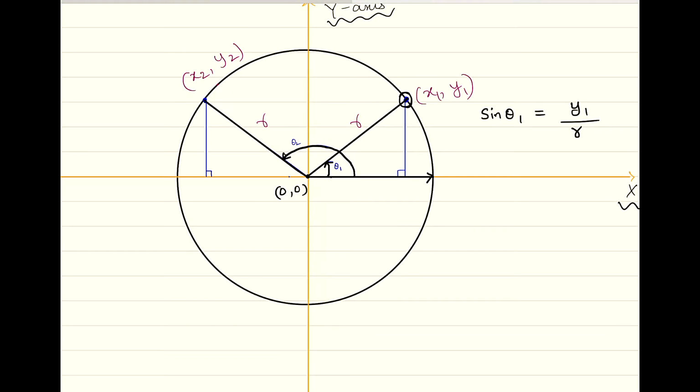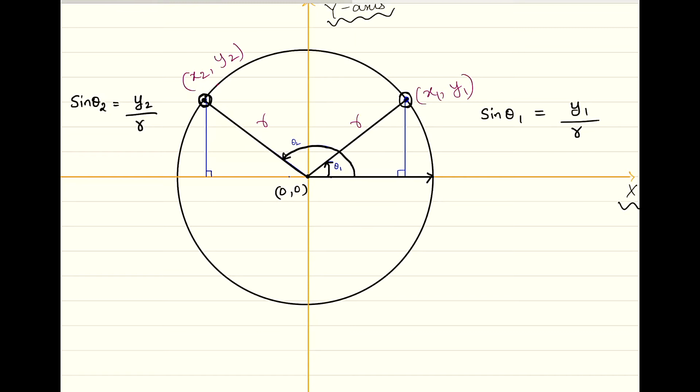Let's call it theta 2. Now according to the definition of sine function, what is sin theta 2? Sin theta 2 will be the y coordinate of this point, which is y2, by the distance of this point from the origin, that is radius of the circle. Alright, so that is sin theta 2.